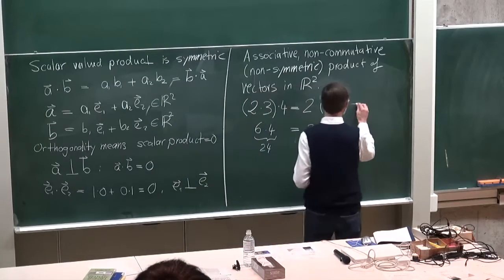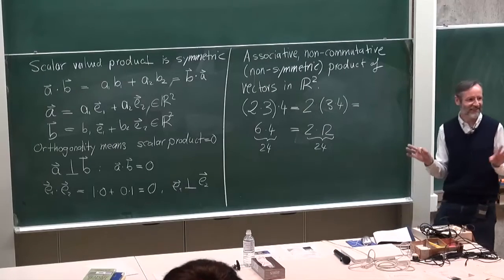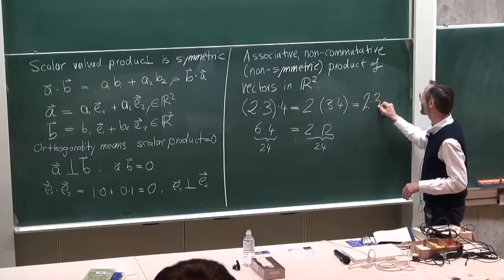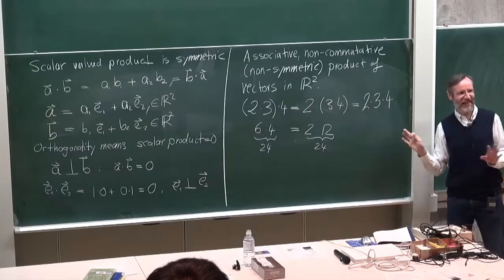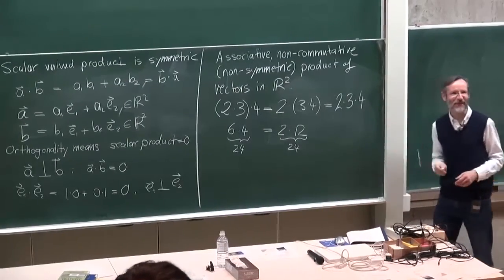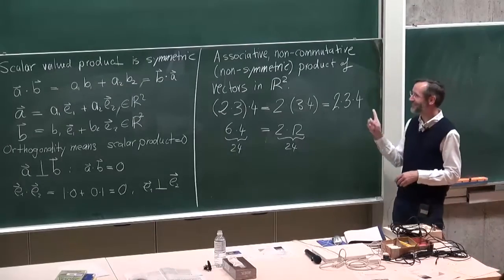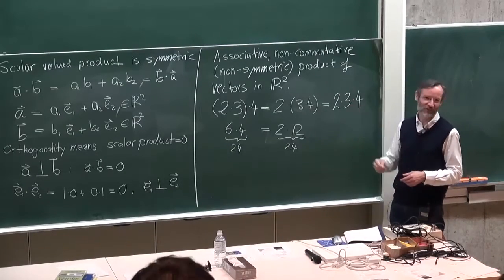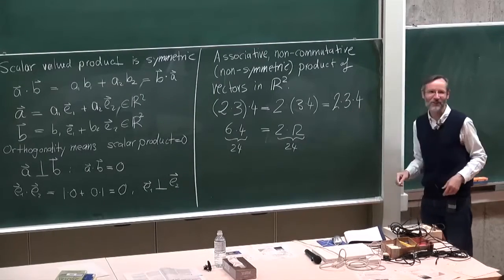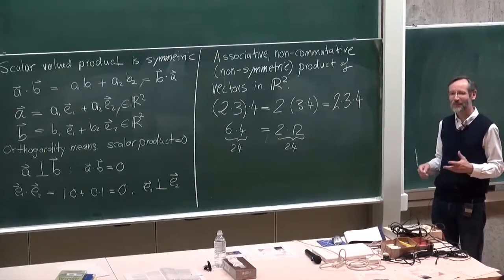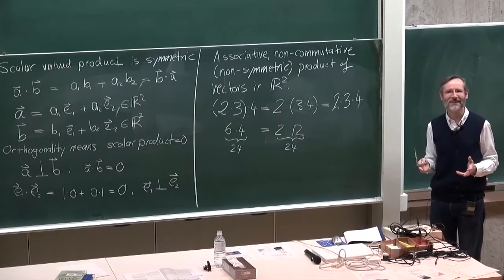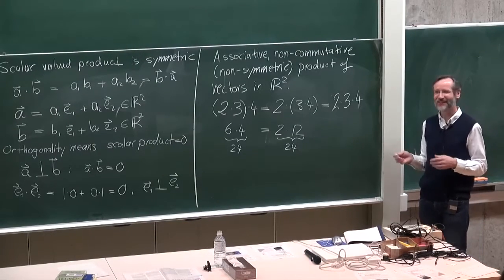So if that is the rule for these elements, you can simply write 2 times 3 times 4, and you don't need to care about brackets. You could also flip 3 and 4 in the order, it wouldn't matter. But with the vectors, the order will matter, and you cannot just flip the order, as you will see.